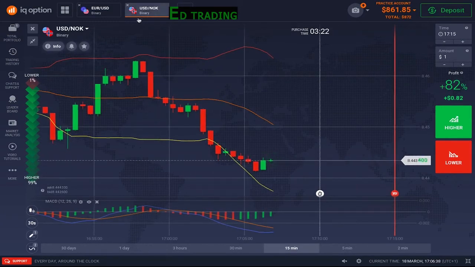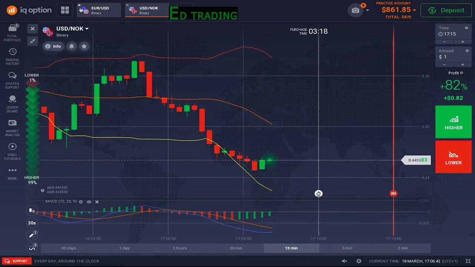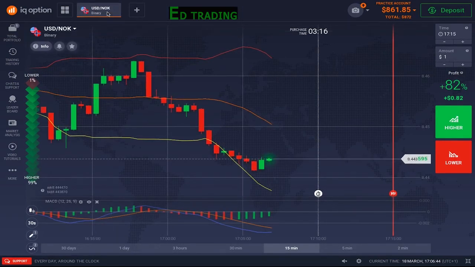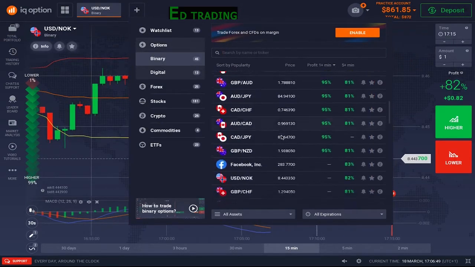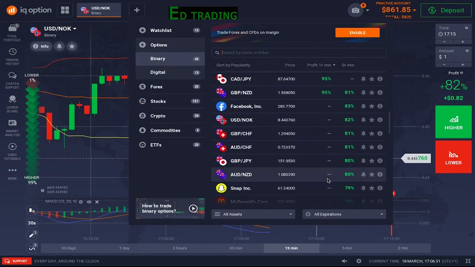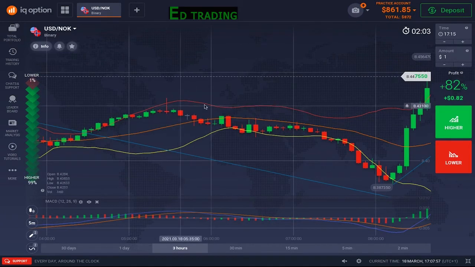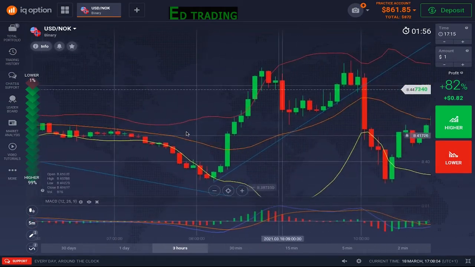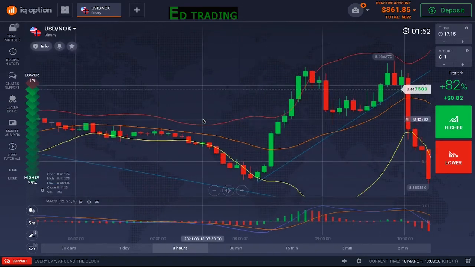So when you want to trade this strategy in the IQ Option platform, you don't use Euro USD, you use this currency or any other currencies inside this category. Anytime you want to trade this strategy, avoid trading in a sideways movement like this, and wait for the market to move before trading.